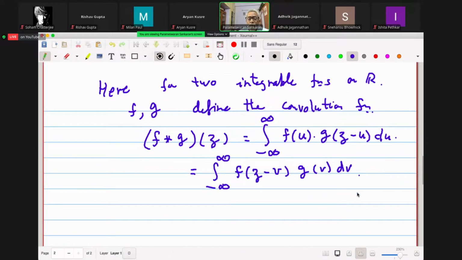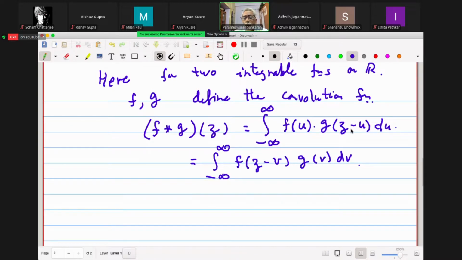Both are the same. This is just by substituting z minus u equals v and writing everything in terms of v. There will be a change in the sign, but that is compensated because you write minus infinity to infinity. When you do that you get this, but this is the same thing as g star f of z. So this is the convolution product.